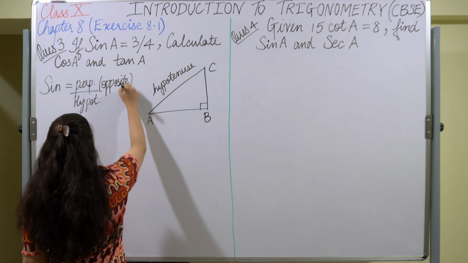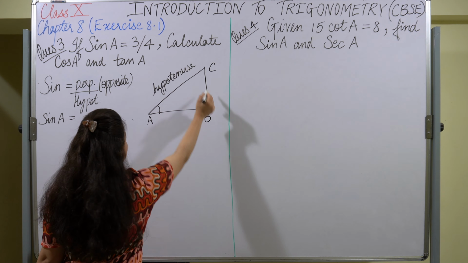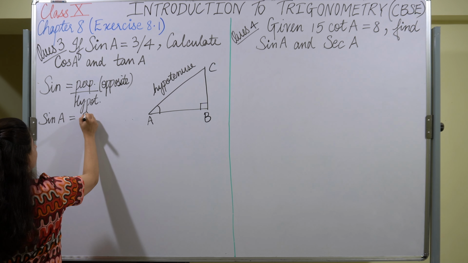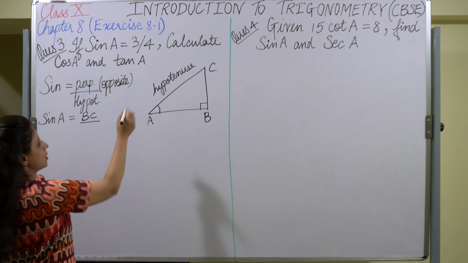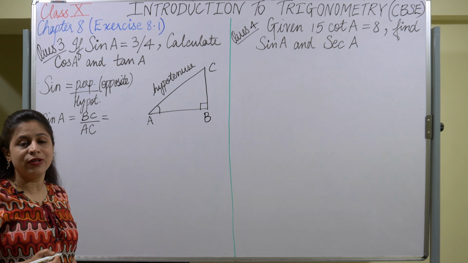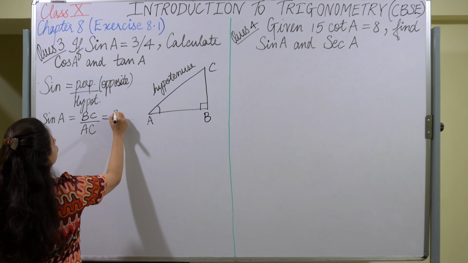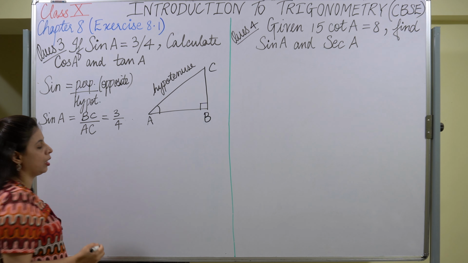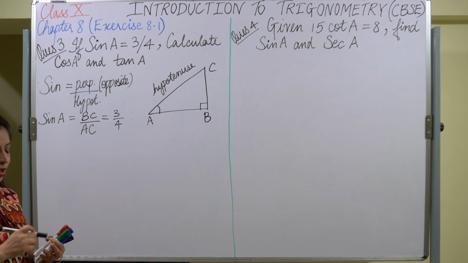So sin A will be given by the side opposite to the angle, which is BC, and the hypotenuse is AC. And the ratio is given to us as 3 by 4.